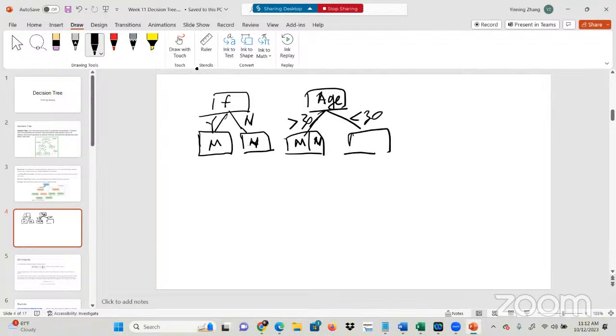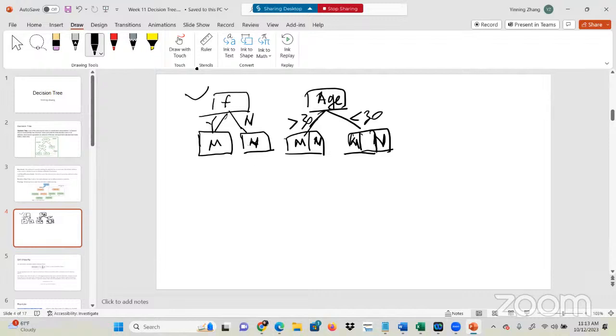And here also, younger than 30, probably fewer people have a minivan and more people have no minivan. So which feature will be better? The family one, because it clearly classifies this data set into two groups. So we would choose this feature.